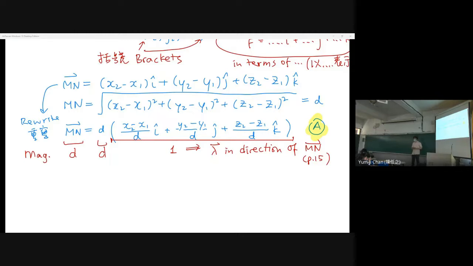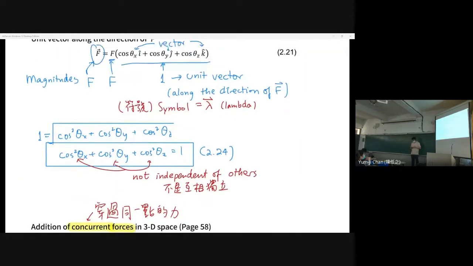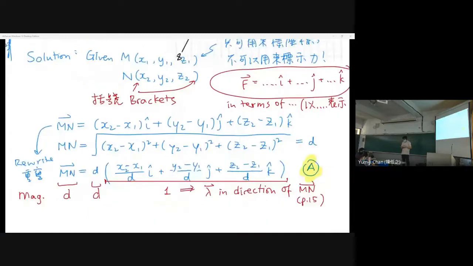From here we compare two things. We compare this one and the equation on page 15, equation 2.21.